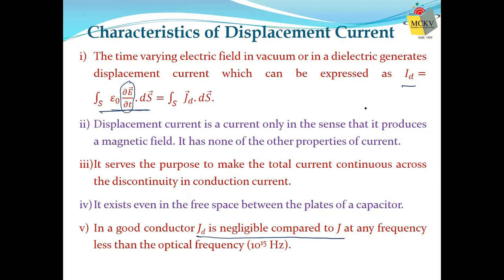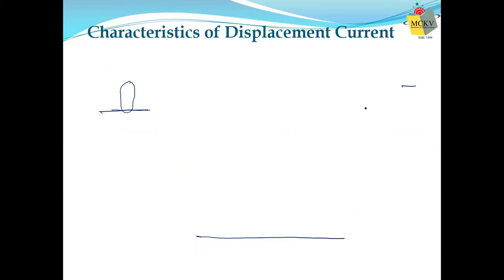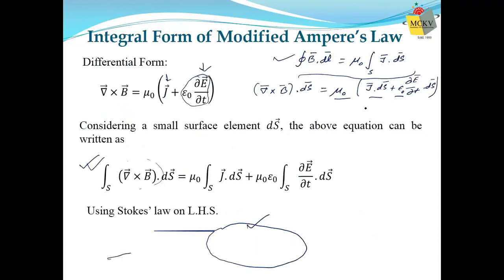One is Gauss's law, and the other is the equation of continuity. With the help of these two, he added an extra term on the right hand side, and in differential form that extra term is epsilon naught dE/dt.